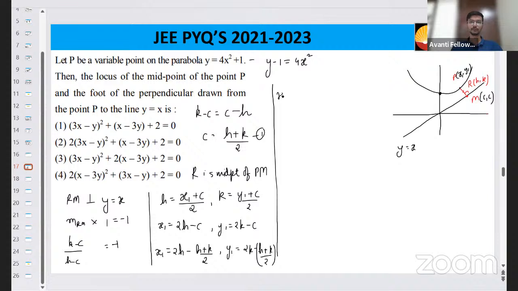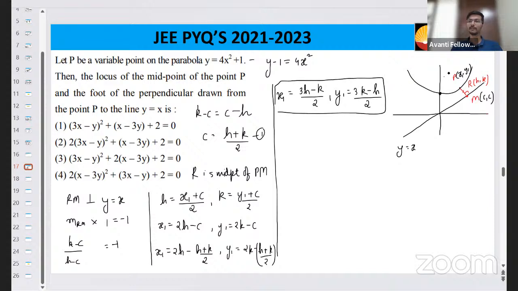So what will x1 be equal to after taking LCM? 4h minus h, so I think it will be (3h minus k)/2, and y1 will be equal to 4k minus k, so (3k minus h)/2.